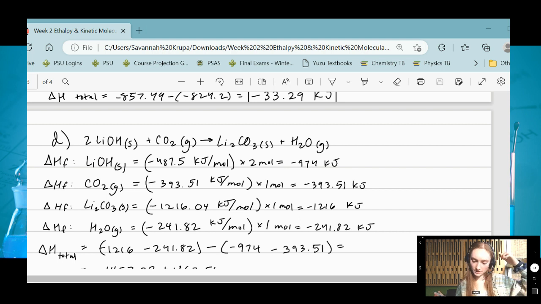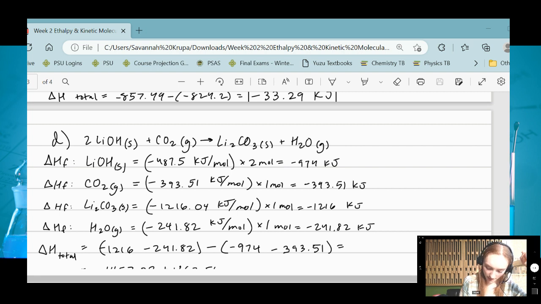So now we need to look at which ones are products and which ones are reactants. For the products, we have the lithium carbonate and then the water gas. We're going to add up the products, those 2 things right here, and then subtract the reactants.